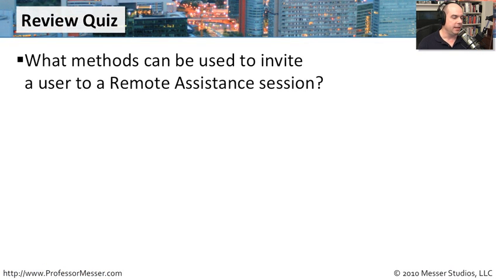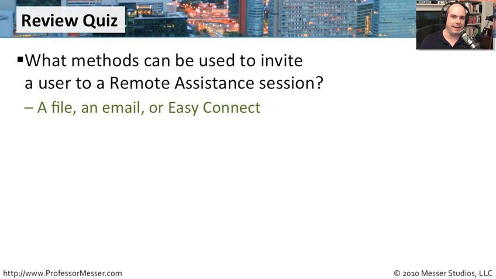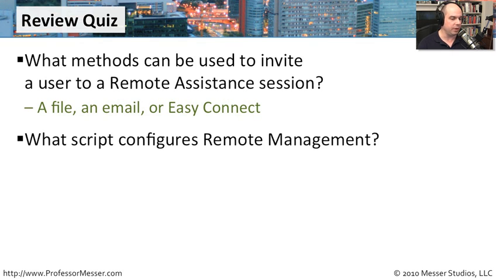Our first question is, what methods can be used to invite a user to a remote assistance session? If you remember, our end user had to send the request to the person who would be helping, and they can send that through a file, an email, or through something called Easy Connect. Our next question is, what script configures remote management on a computer?